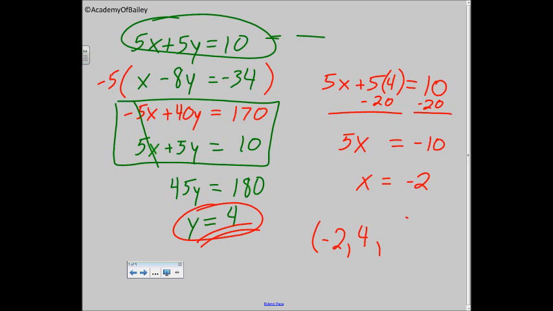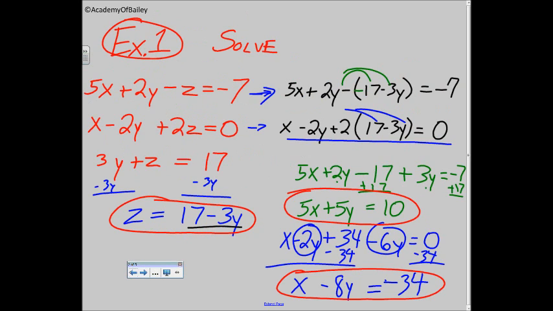This has 3 variables to it. What is z? Negative 2 for x, 4 for y. What is z? Well, let's go back to what we said here. I thought we said z was equal to 17 minus 3y. Well, what is 17 minus 3 times y is 4? So isn't this 12? 17 minus 12, and 17 minus 12 is 5.